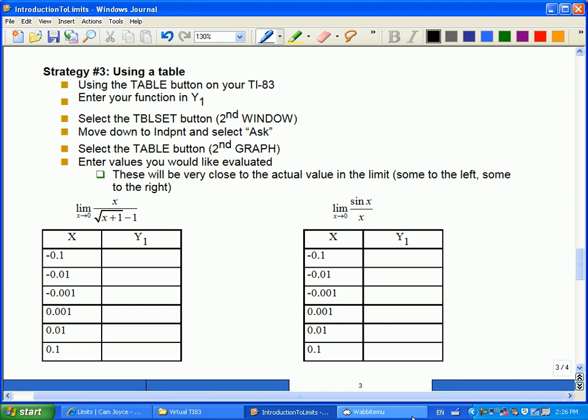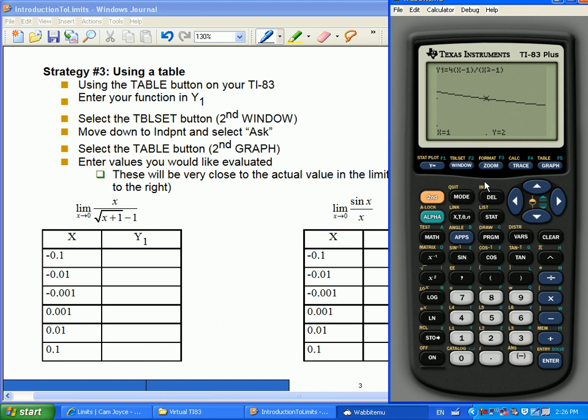Okay, there's another technique which is good, and it's the table method. So we're going to take a look from a table of values, and we're going to start by putting in this function here on the left. Okay, so once your function is in, we're going to use the table method.